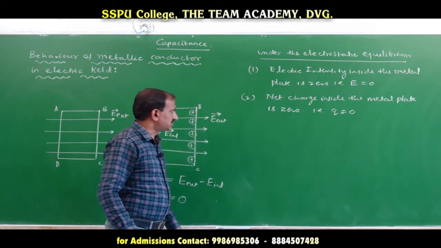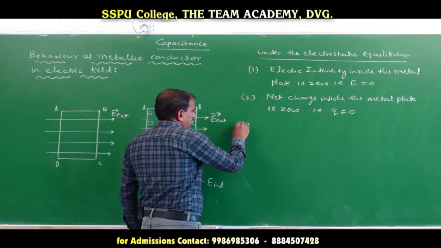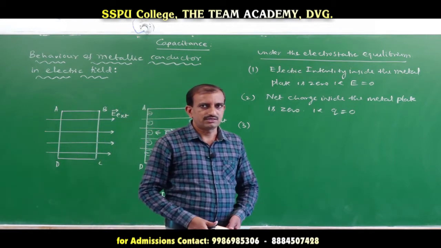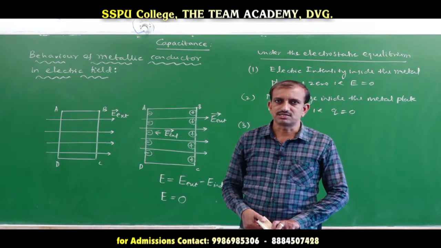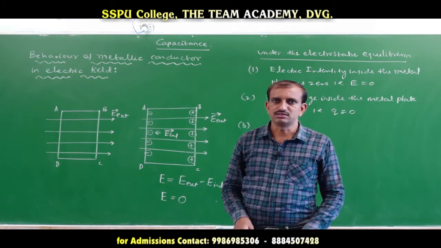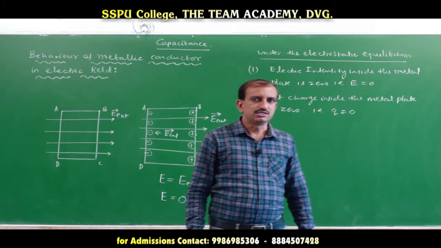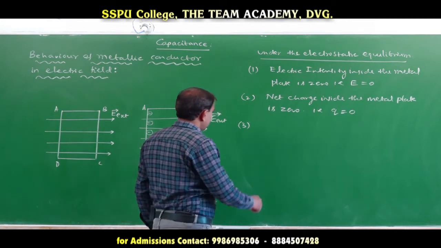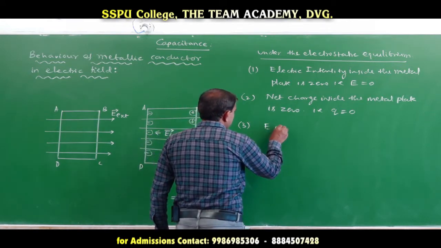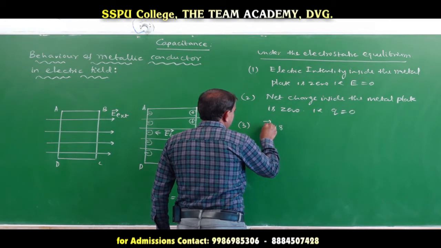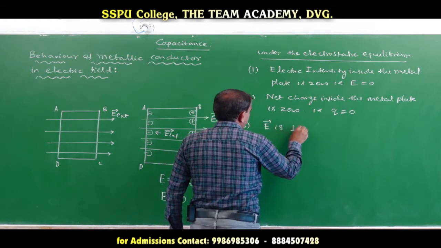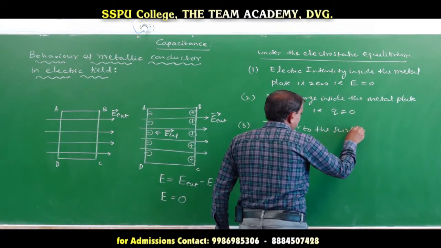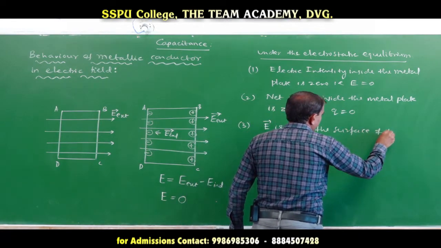The third point: the electric intensity at any point on the surface of the conductor or near the conductor is always perpendicular to the surface of the conductor.